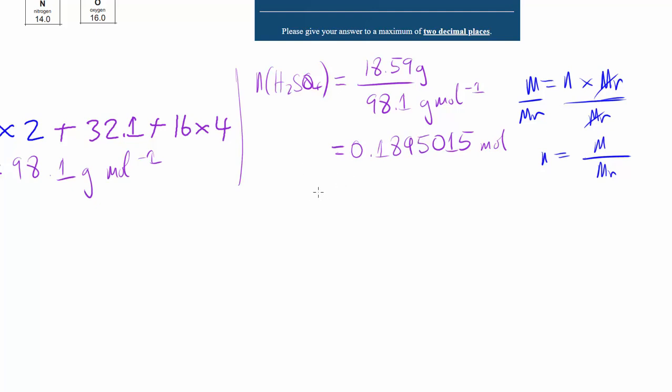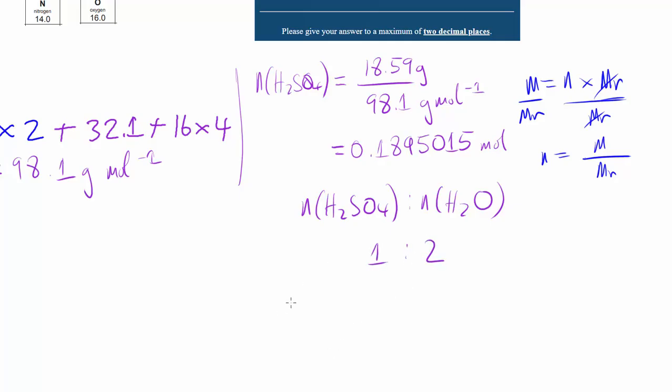Let me formalize that by writing it: the moles of H₂SO₄ compared to the moles of H₂O is a 1:2 ratio.